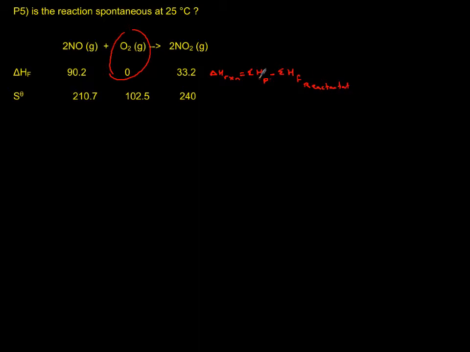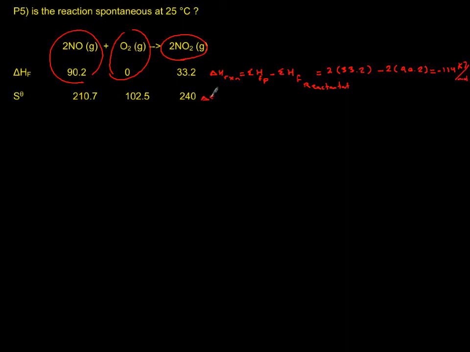So we have 2 nitrogen dioxide, so 2 times 33.2 minus 2 times 90.2. And when we do this, we get negative 114 kilojoule per mole.